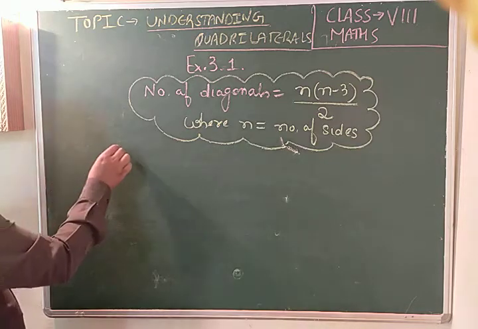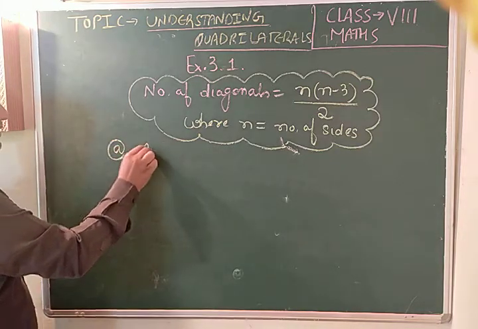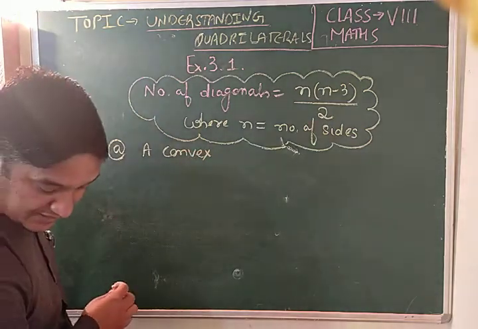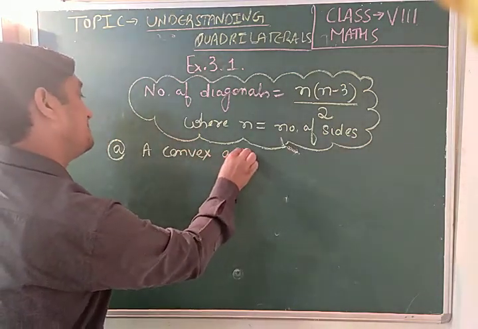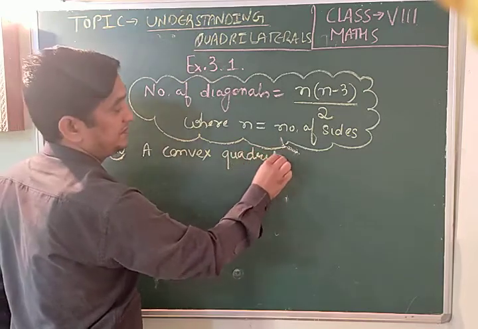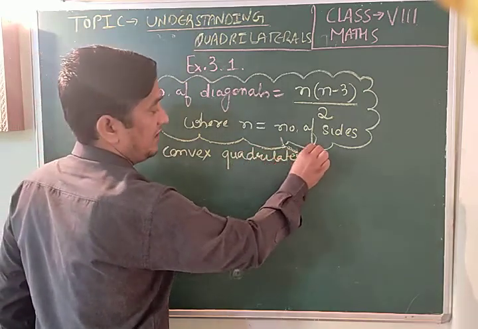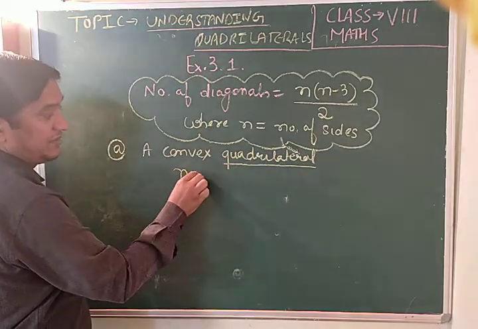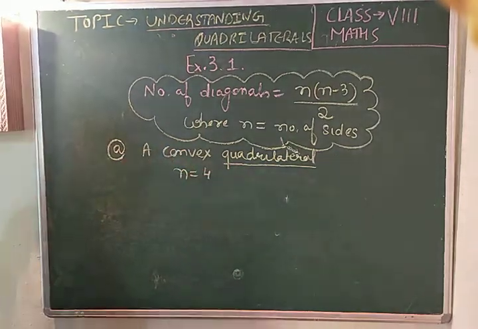In question number 2, we have to find the number of diagonals. First part is a convex quadrilateral. Now, as it is a quadrilateral, it means number of sides must be 4.